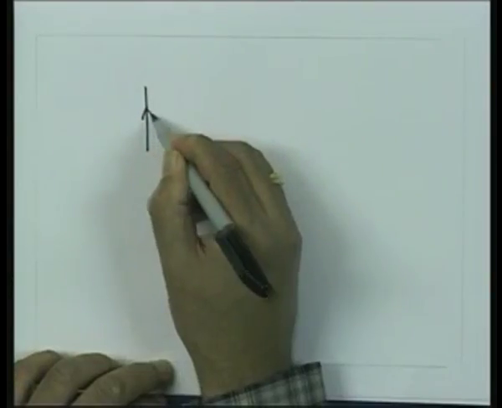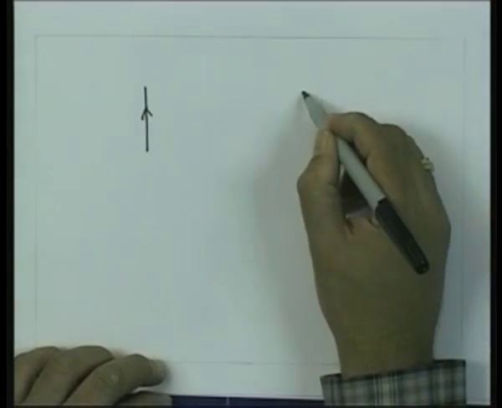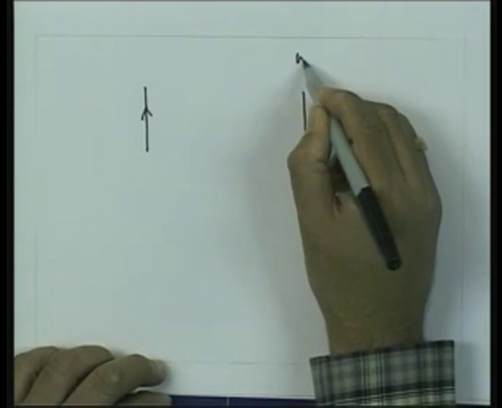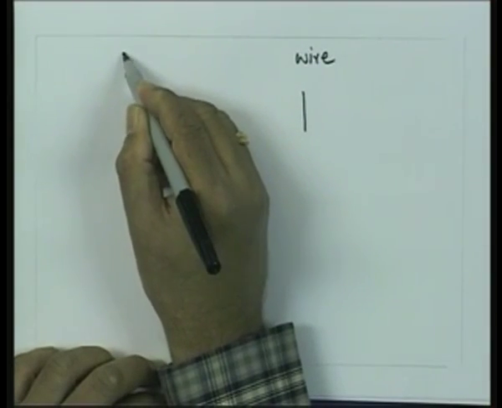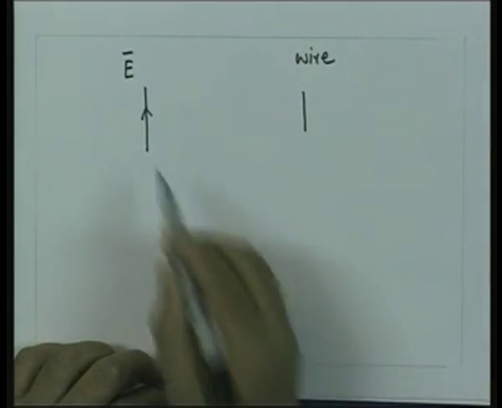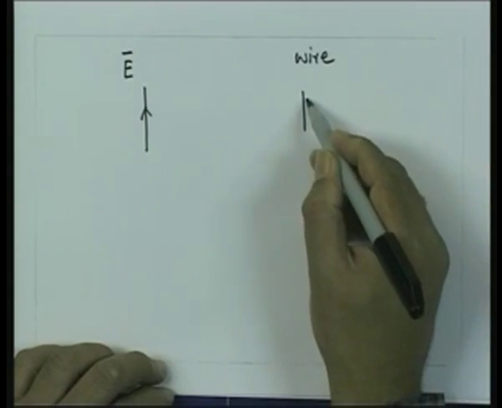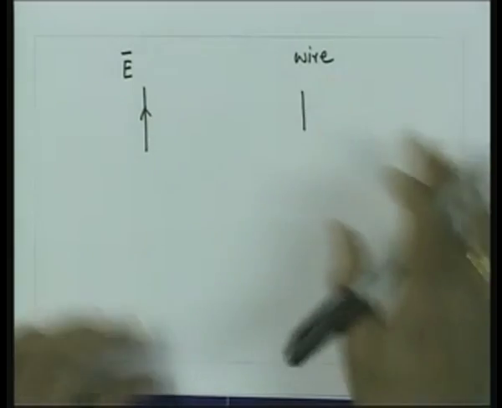So, we have E dot dl, which is the voltage induced in this wire. If the electric field was coming vertical like this, and if I keep a piece of wire like that, so this is the wire and this is the E field, we will have E dot dl produced, that means the voltage produced across this wire.